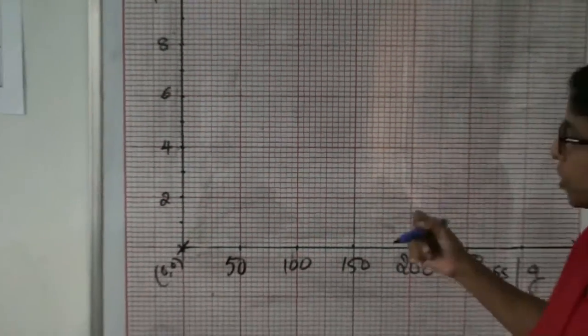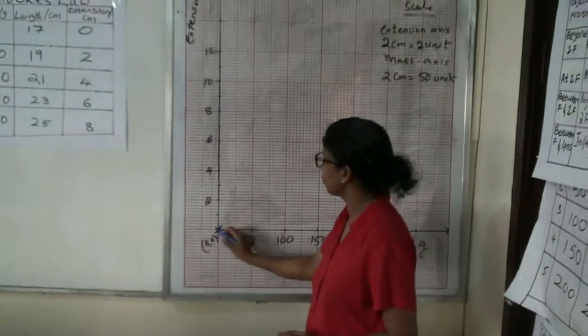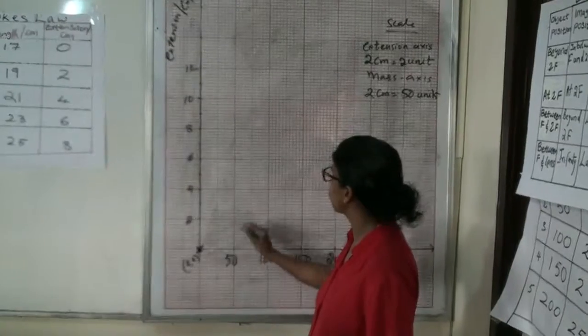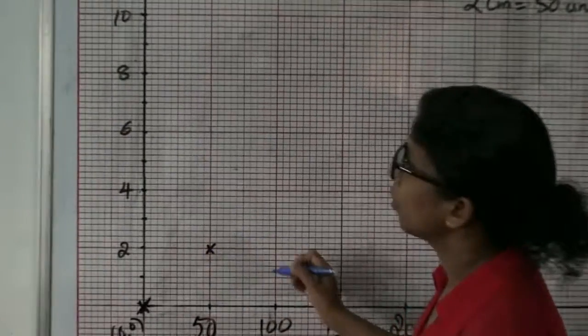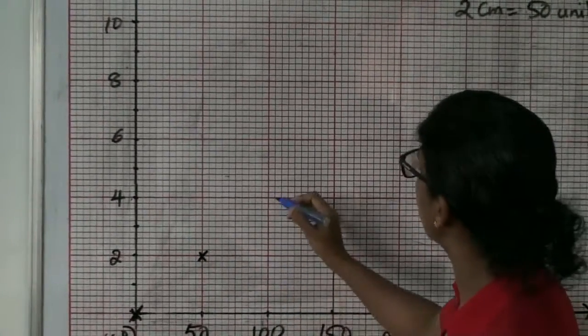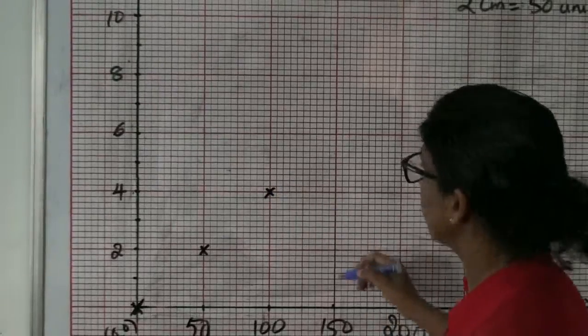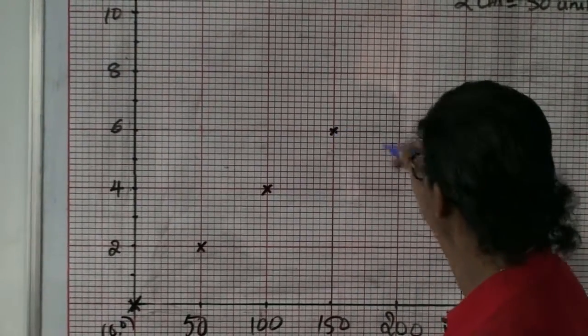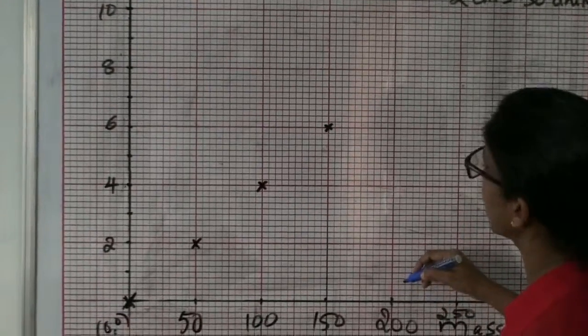Let us plot the points. 0, 0, that's the origin. For 50 grams, it's 2. For 100 grams, it's 4. For 150 grams, it's 6. For 200 grams, it's 8.